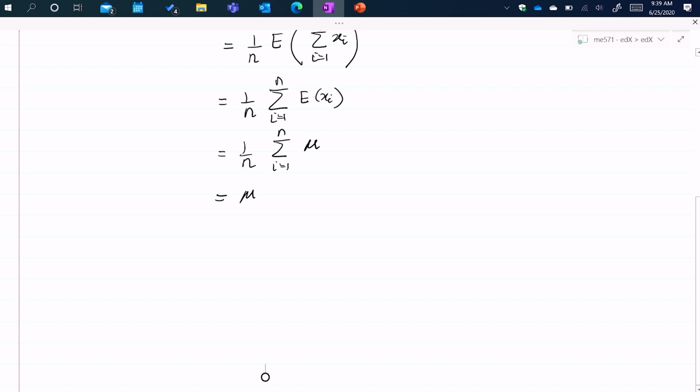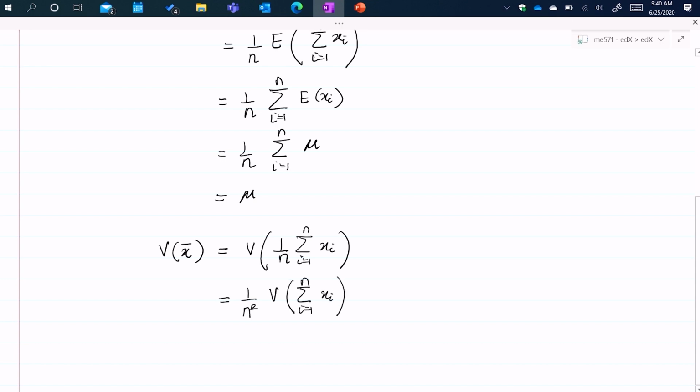So now we can go on and estimate the variance of the sample mean, using the same logic as above. The sample mean is defined as 1 over n summation i going from 1 to n of xi. And again, using what we know, the variance of a constant times a quantity is the constant squared times the variance of the quantity.